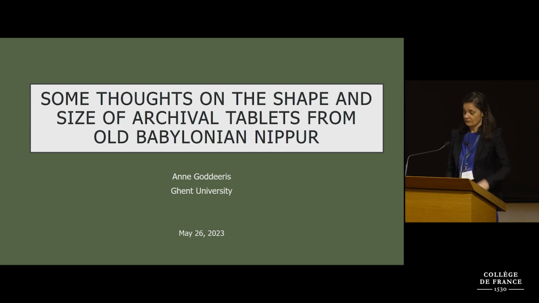So I am going to talk about the factors that a scribe takes into account when he prepares a tablet which he will write. And because Nippur is such a beautiful point of departure, as we have just seen with Wiebke too, I will take some case studies, and one big case study from the city of Nippur.